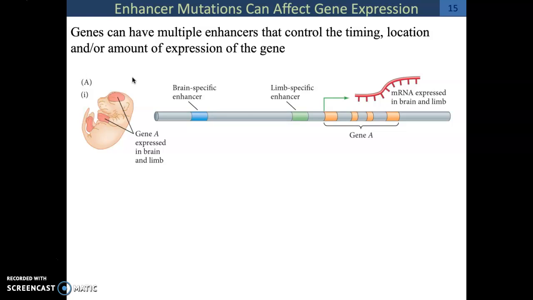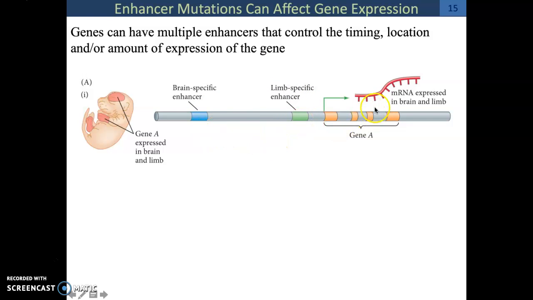And gene A, shown here in orange on this little chromosome, which has a few parts to it, it needs to have that mRNA that's going to be expressed from gene A. It needs to have that present for its development of both brain and limbs, right? So we need to have those things switched on in those cells. So that's why we have a brain-specific enhancer, some A's and C's and T's and G's, and some limb-specific enhancer, some A's, C's, T's, and G's.